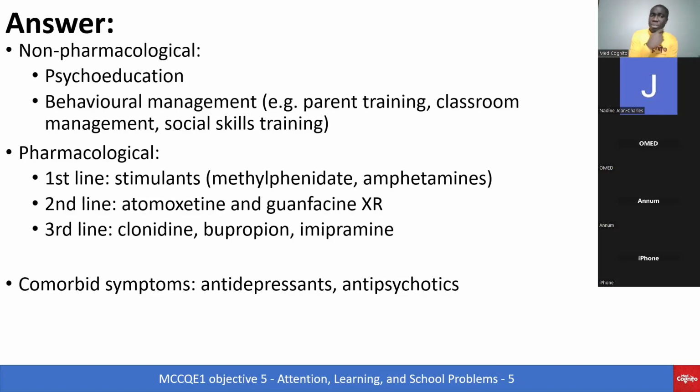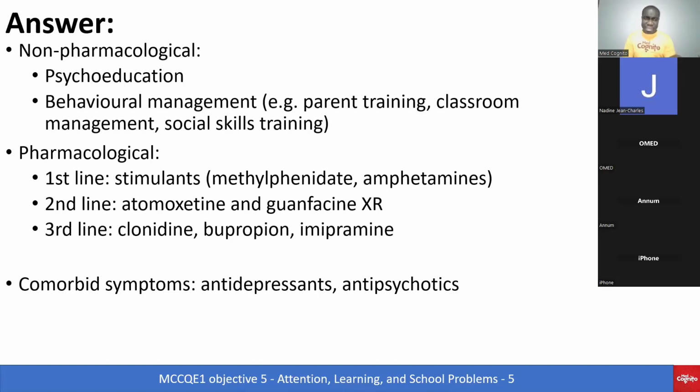And the pharmacologic options, our first line is stimulants, like methylphenidate, amphetamines. And then the second line is a non-stimulant, something like atomoxetine and guanfacine. So atomoxetine is a non-stimulant drug which is used to manage patients with ADHD.